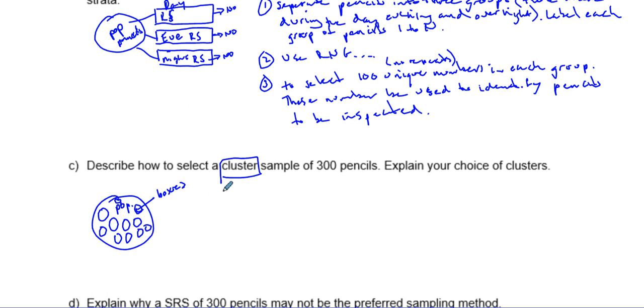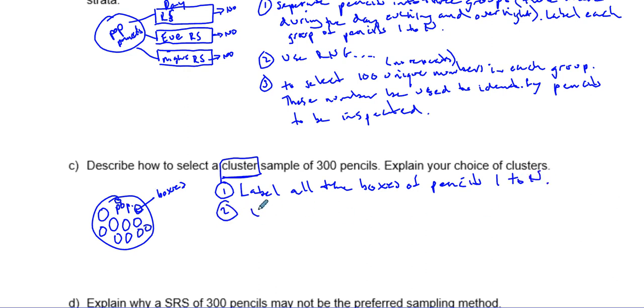And so what we can do for a cluster sampling is that we label all the boxes of pencils 1 to n, however many there are.